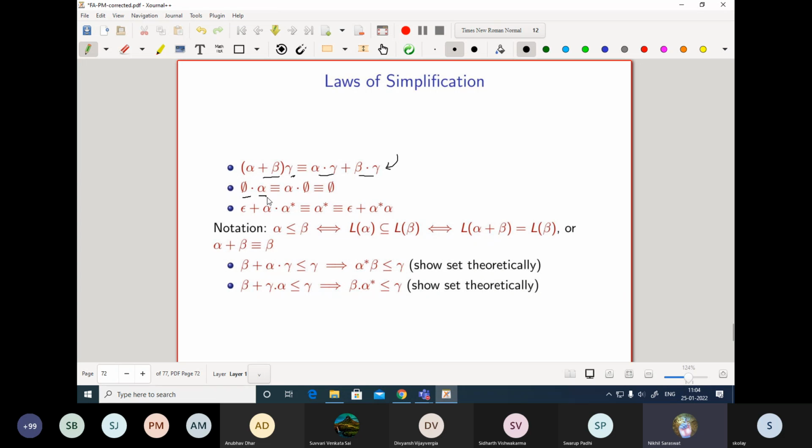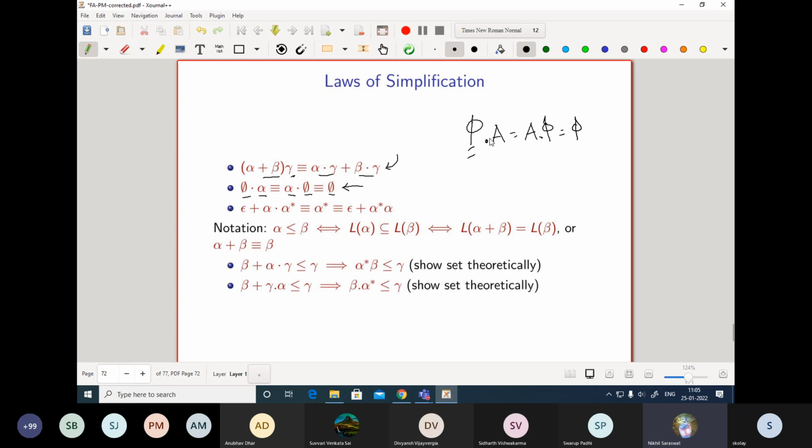Null concatenated with alpha is alpha concatenated with null is equivalent to null. I think you have already seen this. Null acts as an annihilator for any set. So the null set concatenated with any set, or that set concatenated with null, is equal to null itself.